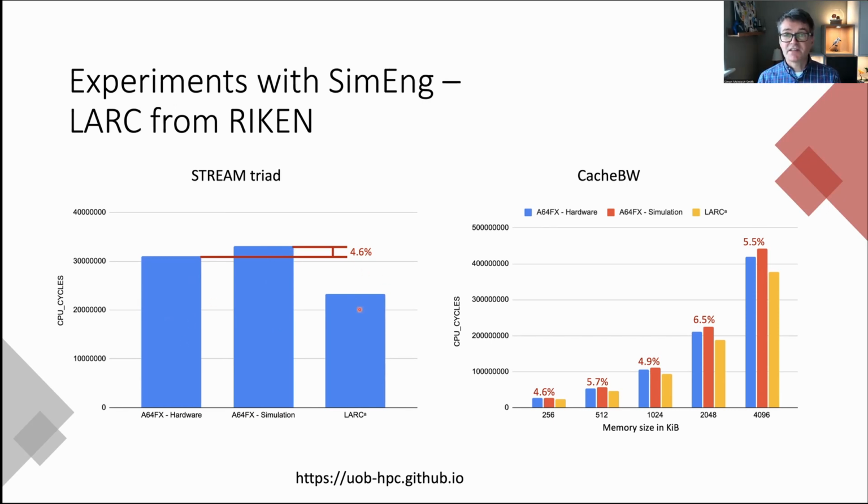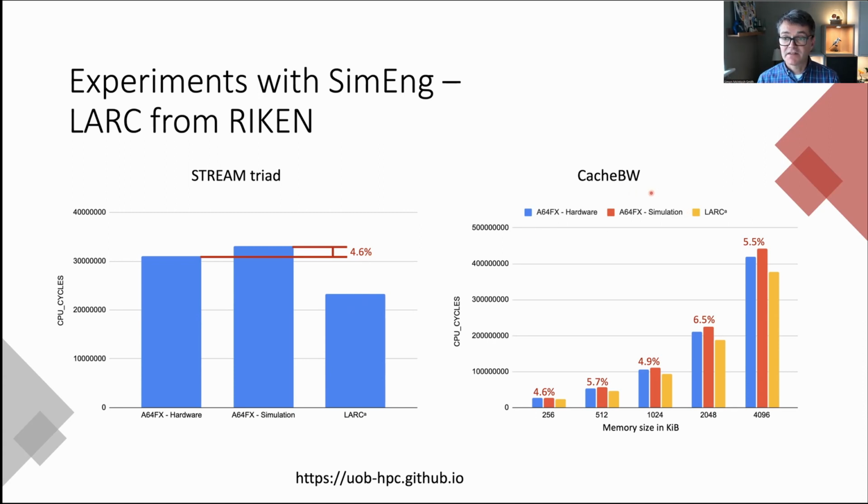Then we took our A64FX model and tweaked it using the parameters of the Lark processor from the Lark paper. We can run the same experiment through Lark, and it's running 4 to 5 times faster than the previous Lark model. So Recon are very interested in this, and we're hoping we can get them set up to use this model, and they'll be able to do many more experiments and try more interesting things.